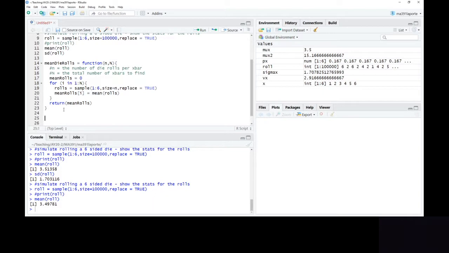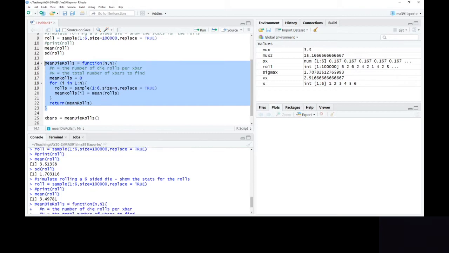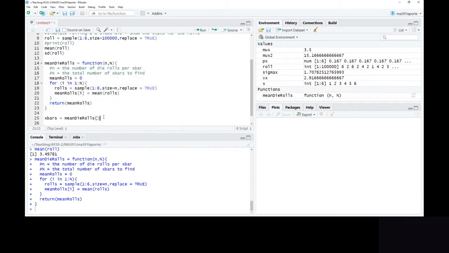And then what we want to do for that is I'm going to call it MR or X bars is equal to mean die rolls, and you just run this, control enter, and then we can pass in n, which we'll let be 30 for right now.